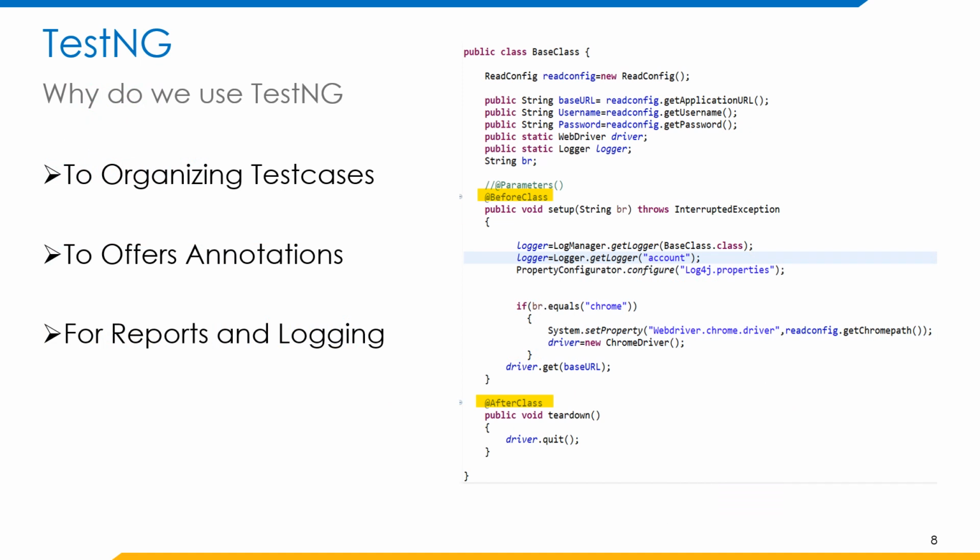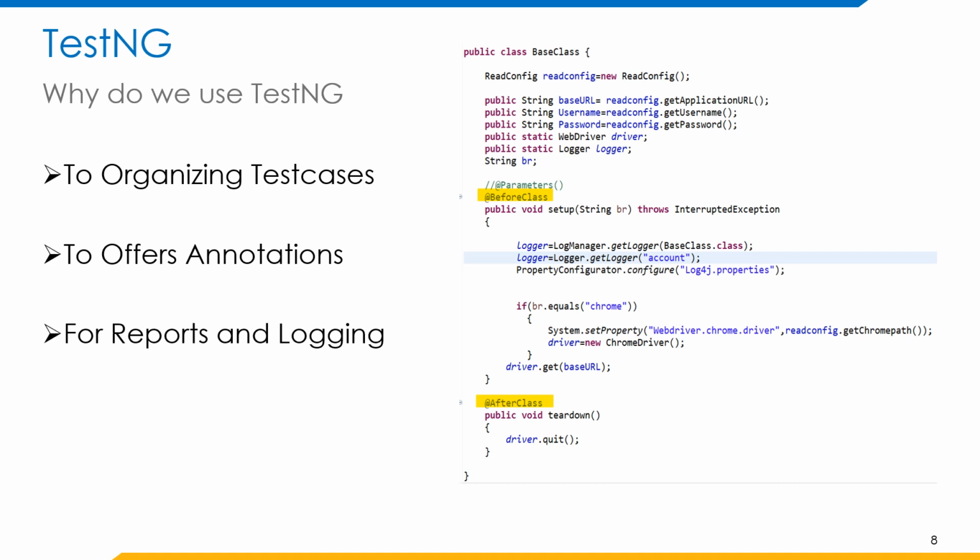TestNG is a testing framework used with Selenium for automating tests. It allows for organizing test cases, running tests in a specific sequence. It offers annotations to manage test execution flow, such as @Test for defining the test cases, @BeforeMethod and @AfterMethod, as you can see the highlighted point in the picture, for pre and post setups, and @DataProvider for parameterization.